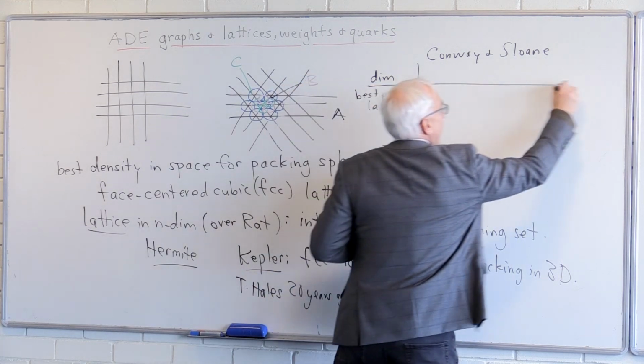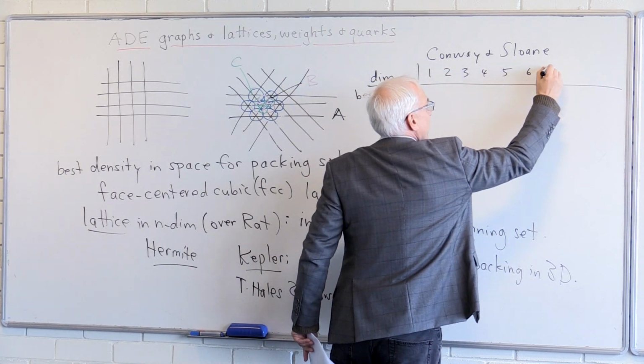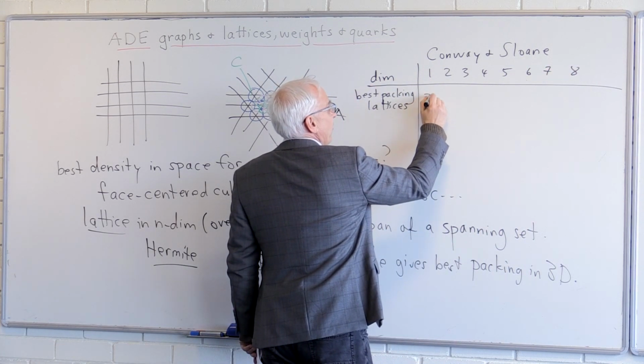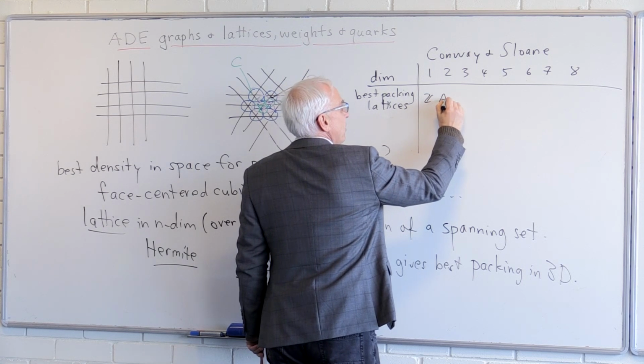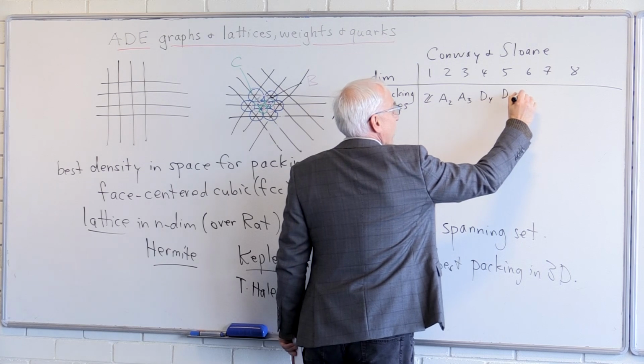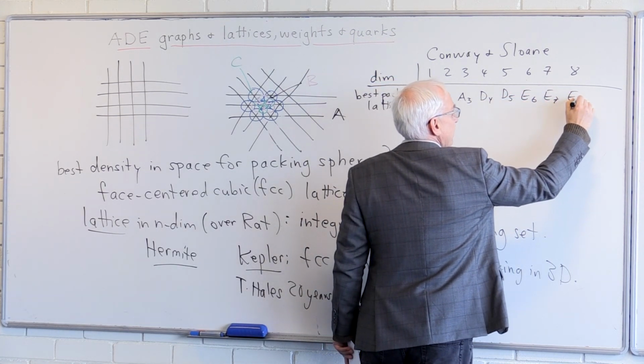So 1, 2, 3, 4, 5, 6, 7, 8, and the best lattice packings are Z, and then A2, A3, D4, D5, E6, E7, and E8.